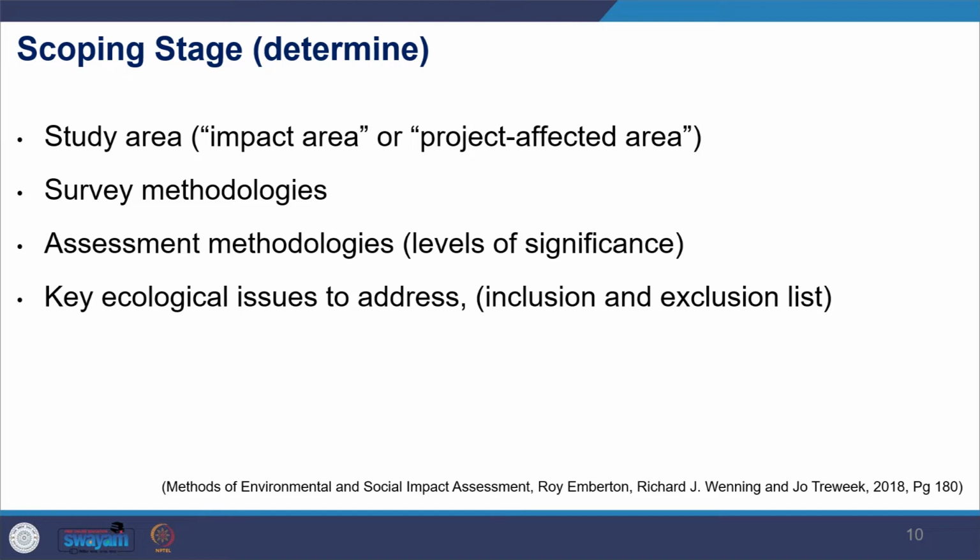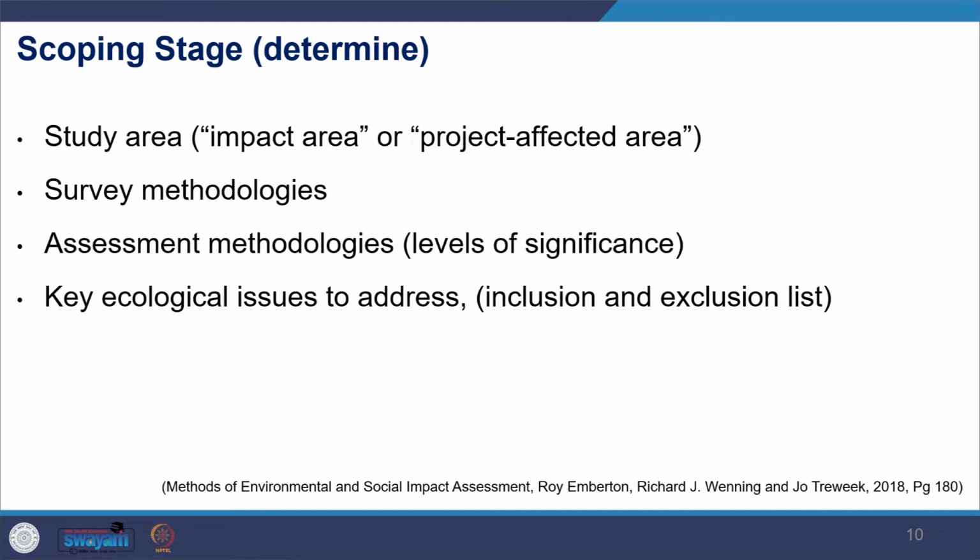Then you also need to fix the survey methodology, what kind of methods and approach you are going to use in your particular survey. All that is undertaken at the scoping stage itself. You fix it at this stage. Then also what kind of assessment methodologies you will undertake. Certain methods for survey purposes have to be aligned with the methods you will use for assessment purposes.